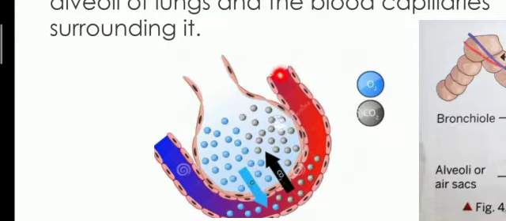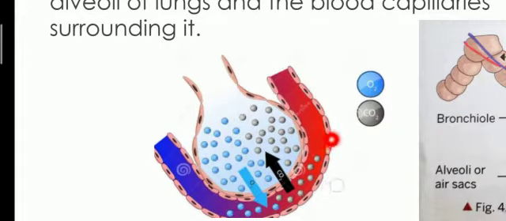So the blood which is entering the lungs contains carbon dioxide, and the blood enters the lungs to get purified, meaning that the exchange takes place inside the lungs. So when it is entering the lungs, you can see the blood cells contain carbon dioxide.